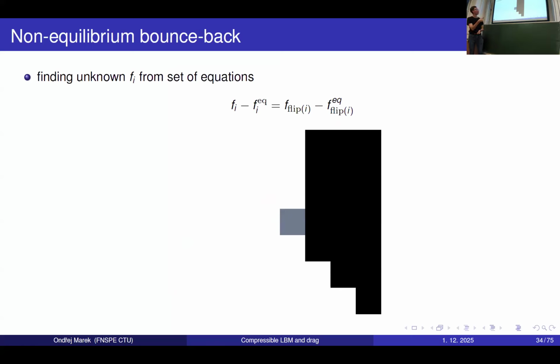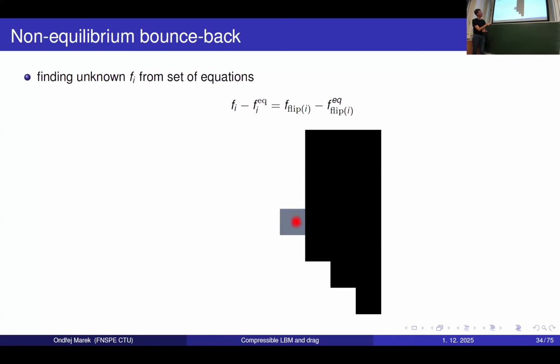And one additional method for this is to add some system of equations that the distribution functions should satisfy. Basically, there is the lattice side and there is some wall here denoted by the black squares, and you are trying to get to know the velocities that are coming in from the wall.